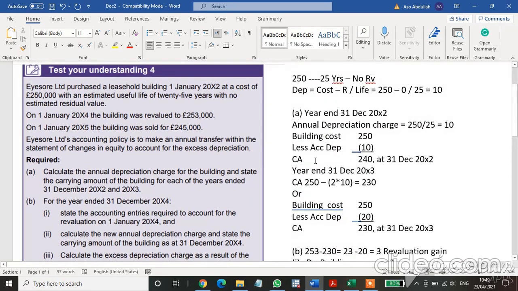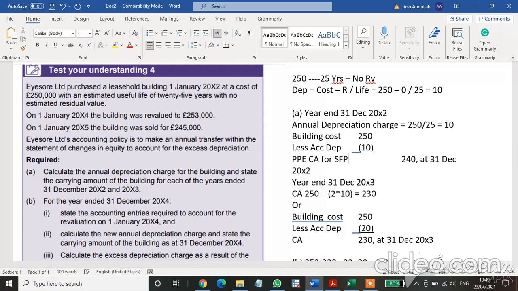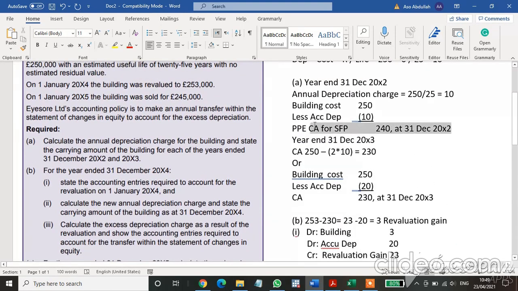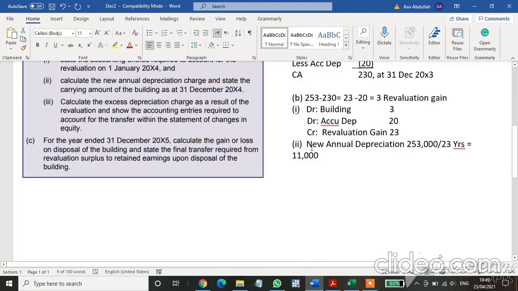Here it says carrying amount; instead of the carrying amount we can say PPE carrying amount for the statement of financial position, SFP, 240,000. So we copy that and bring it there.